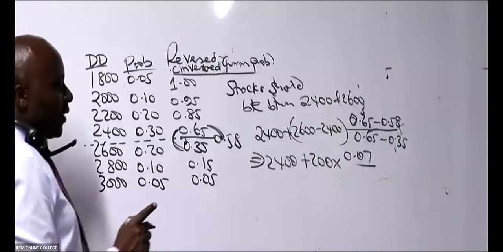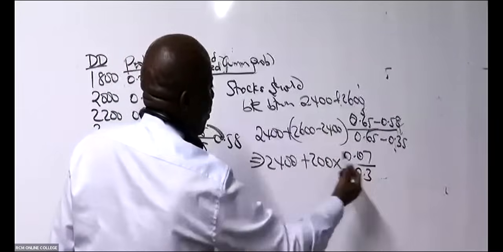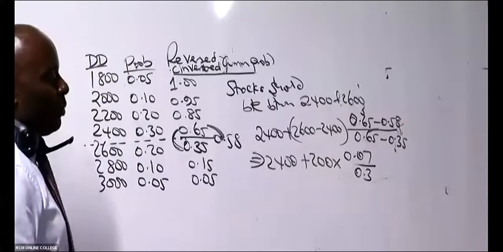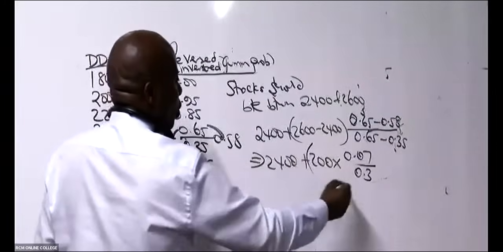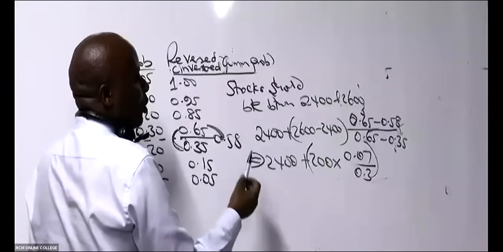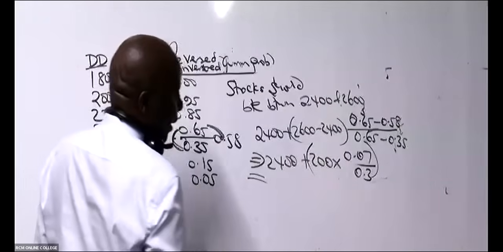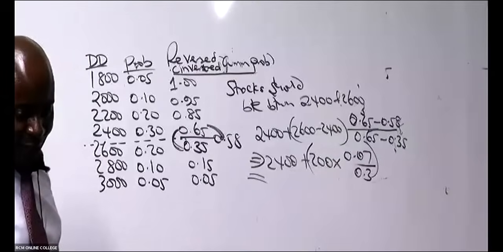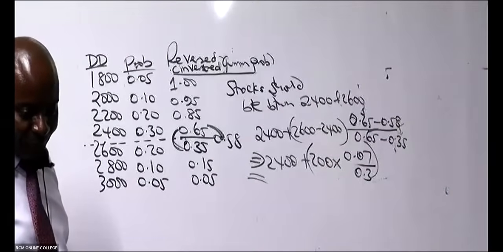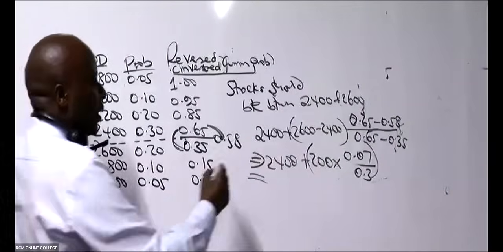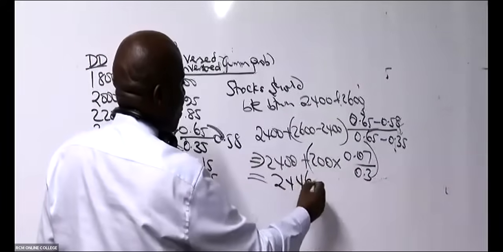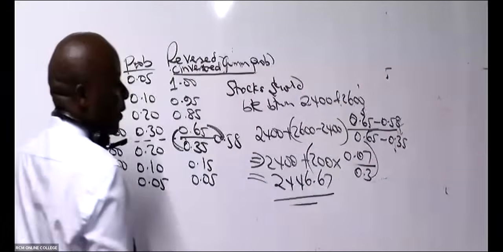0.3, right? All right. So then first of all multiply, or if you have a good calculator, you say 2400 plus 200 times that divided by that, and you'll be able to give us an answer: 2446.67, isn't it?